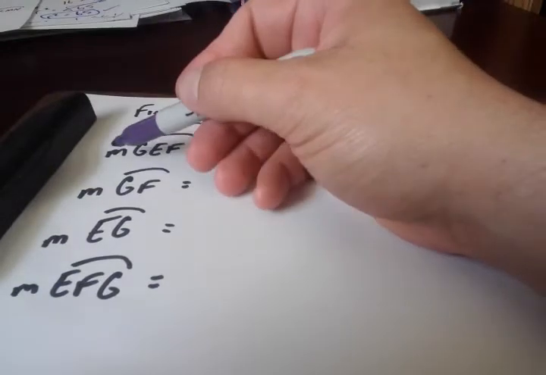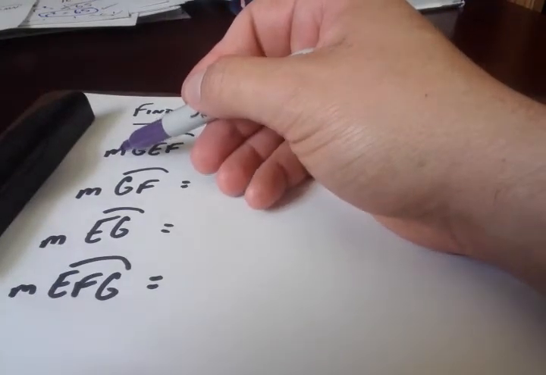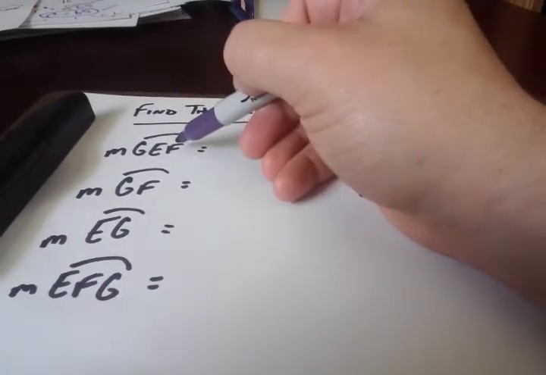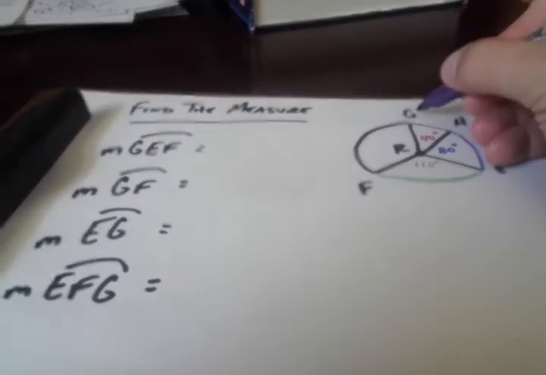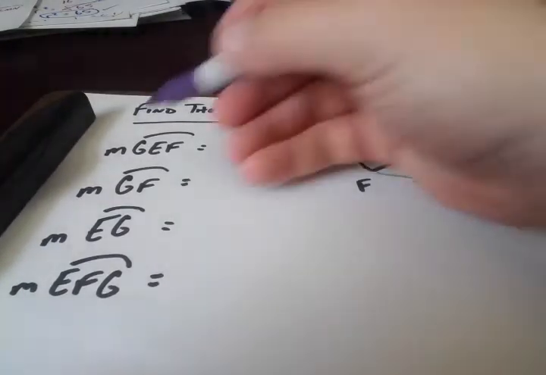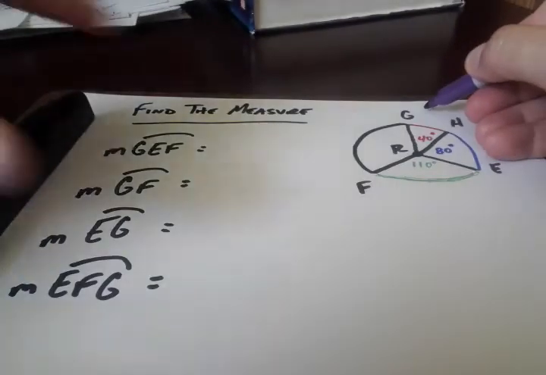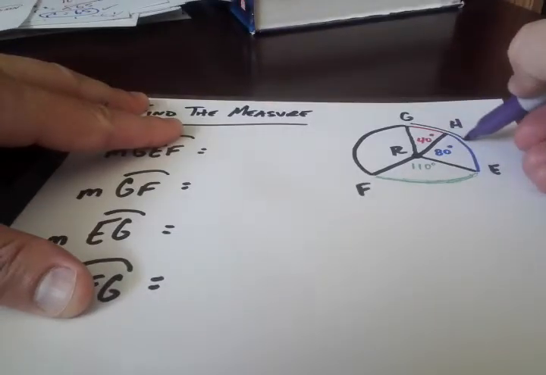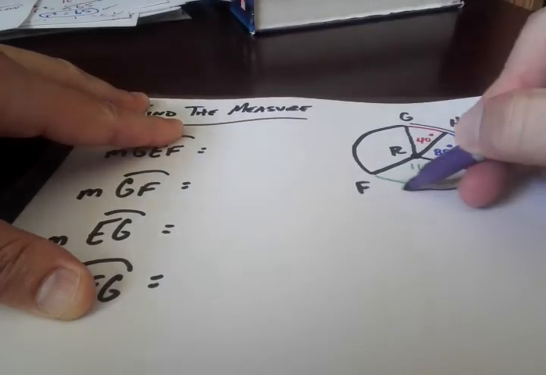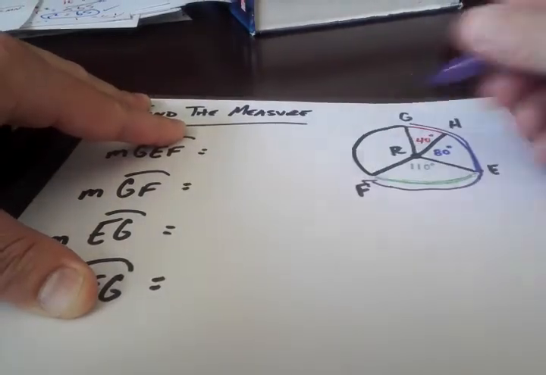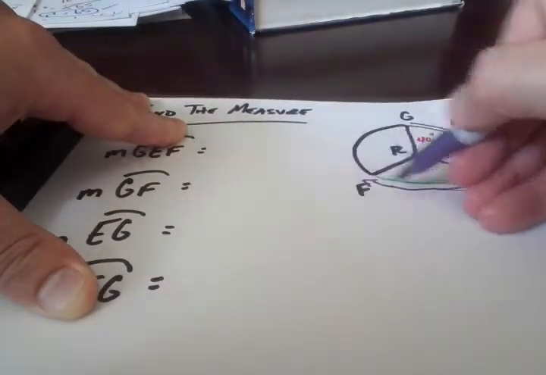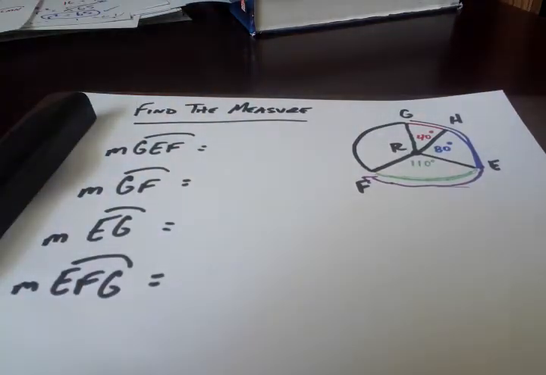The little m here just means the measure, right? So it's asking for the measure of arc GEF, right? So let's find. Here's G. Remember, we have to go all the way through E to F. So we go G from here, all the way to E, all the way to F. All right, so it's asking how many degrees is it from there all the way to there. So it's pretty simple.